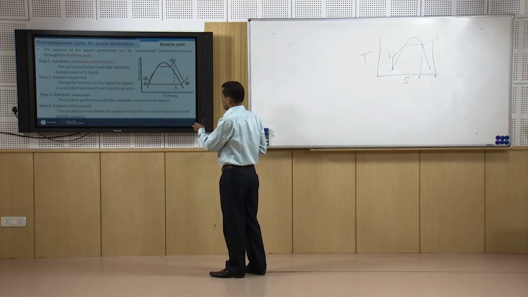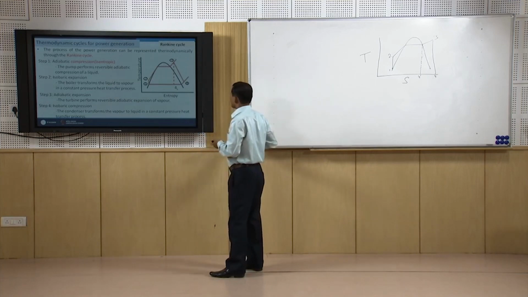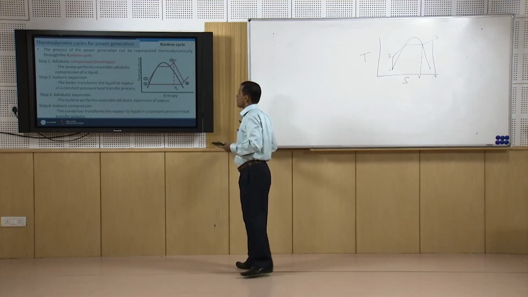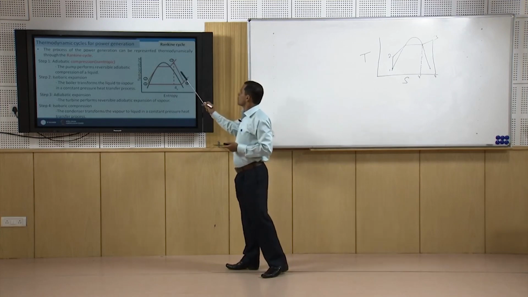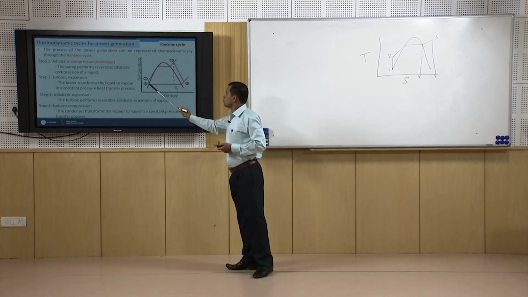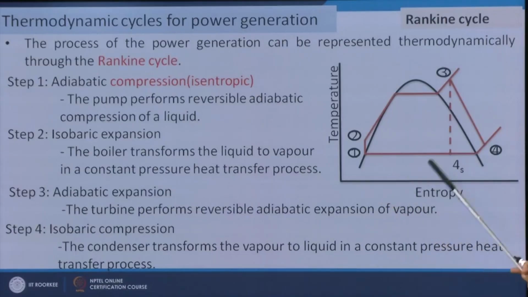So, isobaric compression is the fourth step of this Rankine cycle, and this is ideal. The vertical lines, or isentropic operations, are ideal conditions, but in practice the ideal condition does not exist, so efficiency decreases. Maximum efficiency we will get when the cycle follows the ideal path.